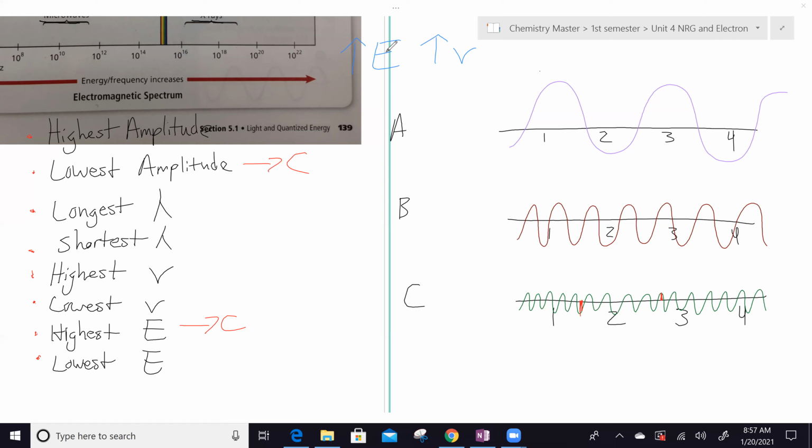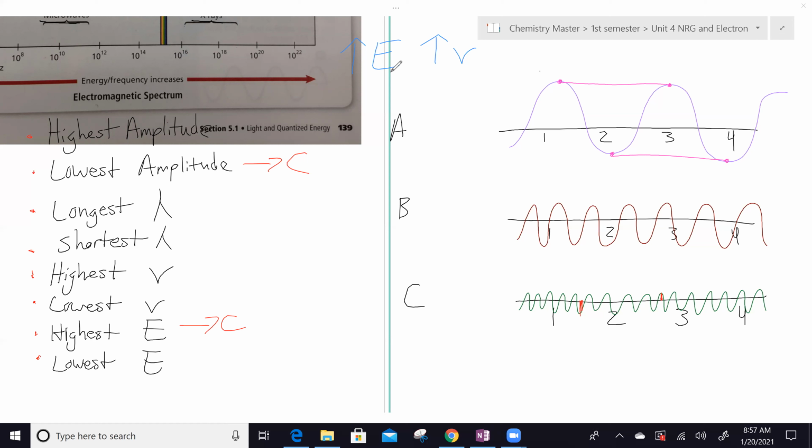Yes, Sage. A has the longest, the upside down one. Yes, very nice. So Sage has the longest upside down Y. She is correct. What is the upside down Y? Wavelength. Yes, very nice. It has the longest wavelength. Now, the easiest thing to do is go from crest to crest, or trough to trough.